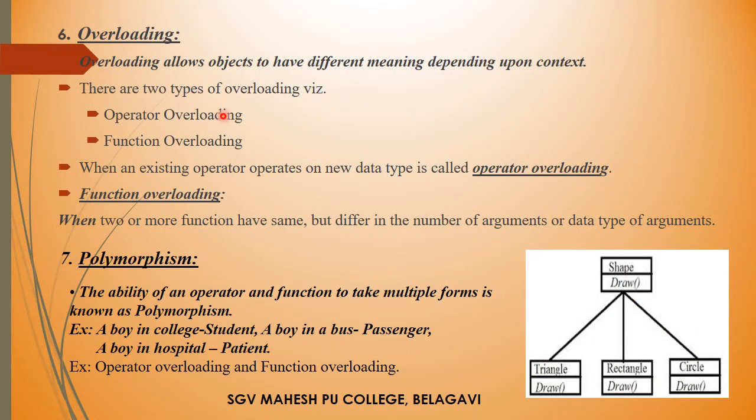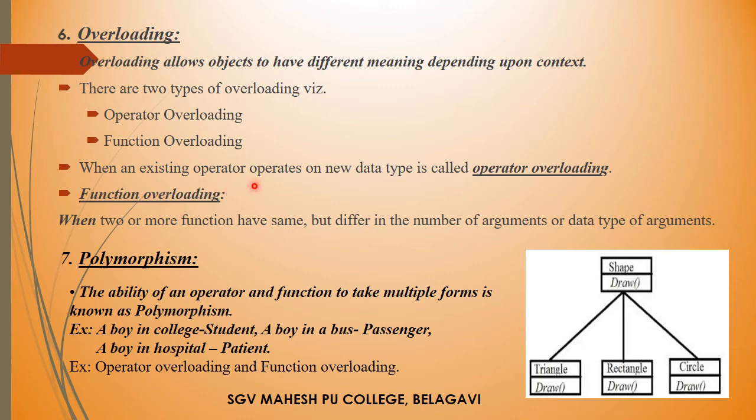Now what's overloading? Overloading comes in two different types. It could be either function overloading or operator overloading. Overloading means we are trying to allow an object to have different meaning depending upon the context.